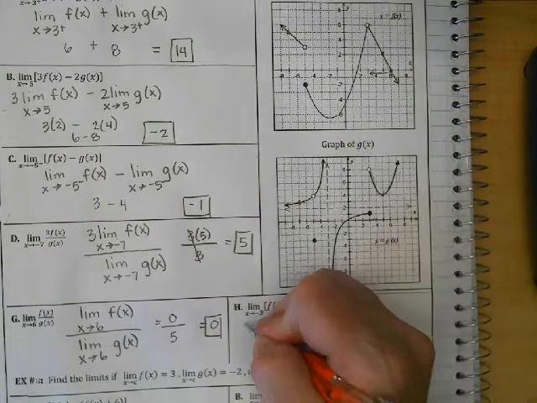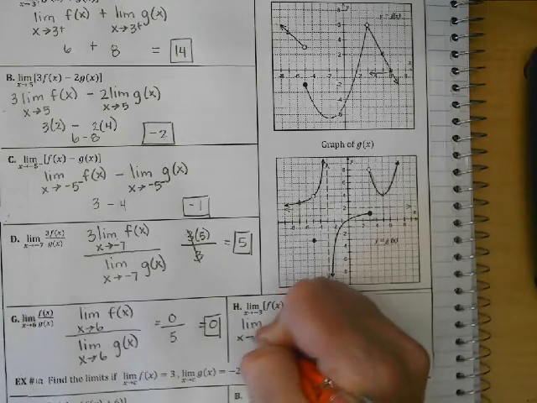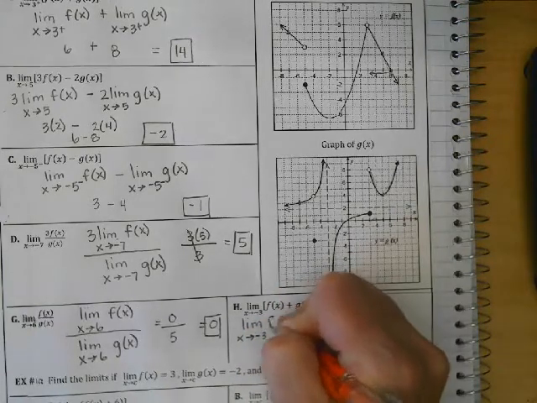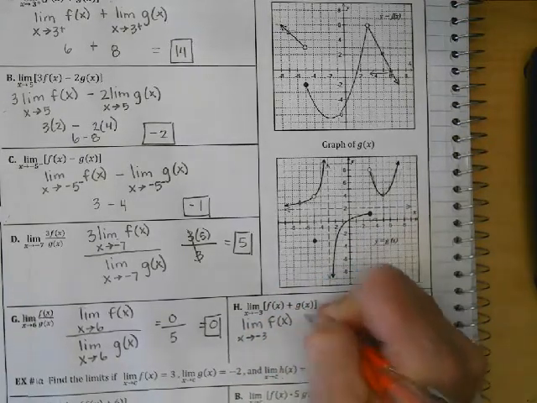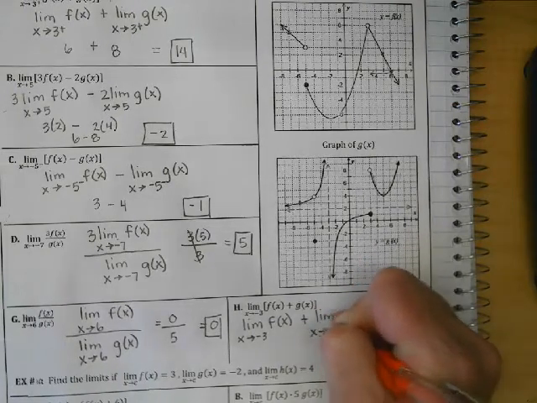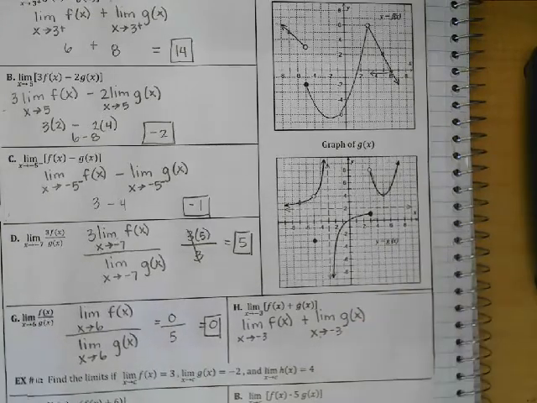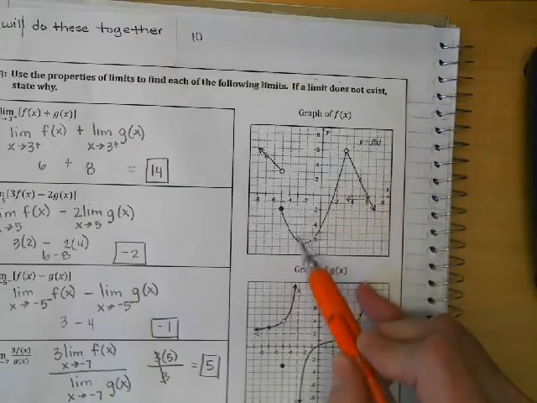Okay, and then let's look at what happens in this case. So we have the limit as x is approaching negative 3 of f of x plus the limit as x approaches negative 3 of g of x. Well, f of x, negative 3, it's approaching 6.